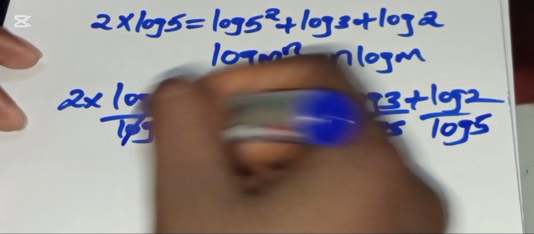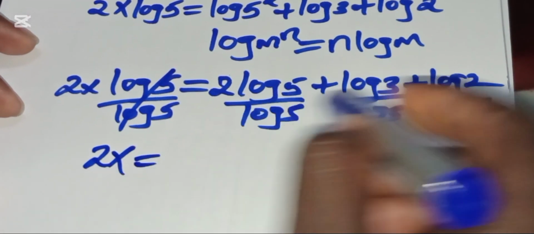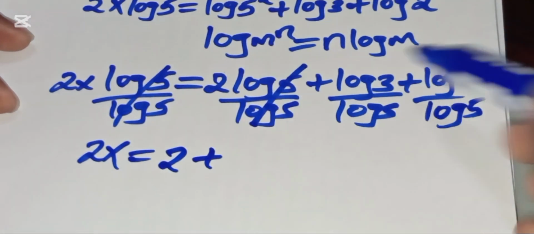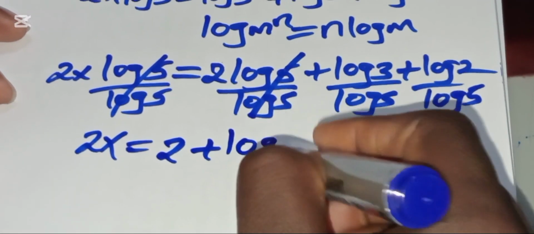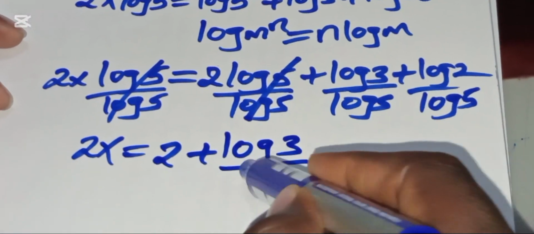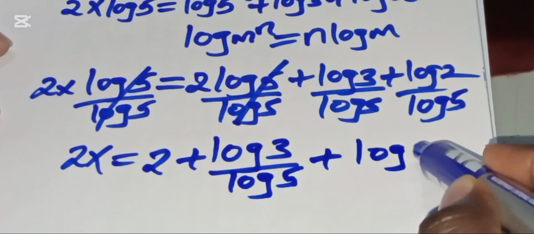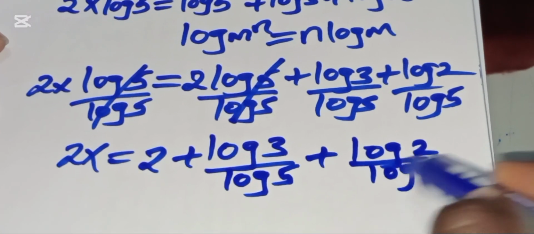If you simplify here, you'll have 2x equal to 2 plus log 3 divided by log 5, plus log 2 divided by log 5.